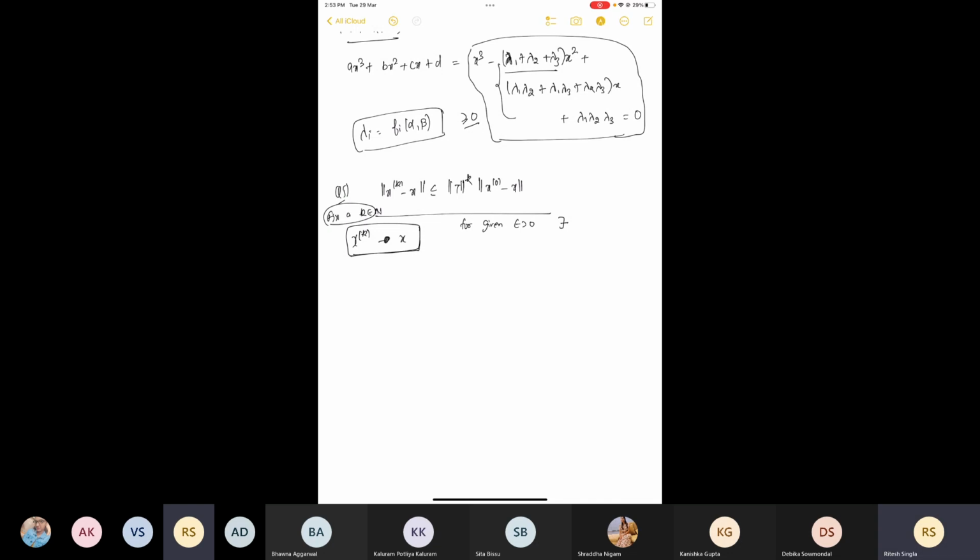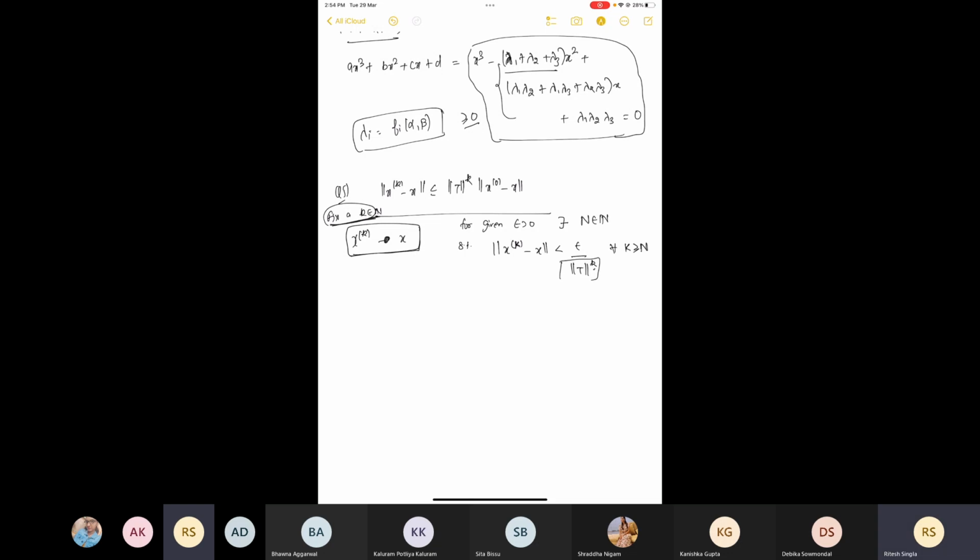So for each epsilon greater than 0, there exists some natural number N such that norm of x_K minus x is less than epsilon over t to the power k. Please keep in mind, I'm using capital K here and small k here. This small k I fixed earlier, for all capital K greater than or equal to capital N. So this is the definition of convergence, right?